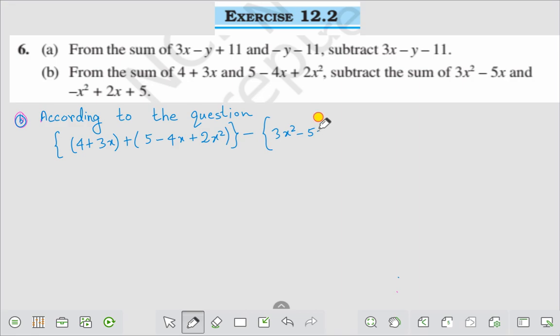minus 5x plus minus x square plus 2x plus 5.